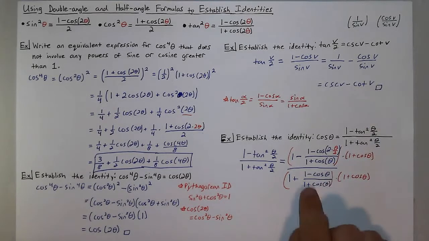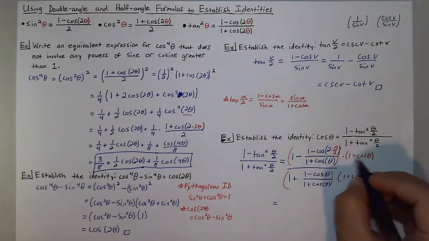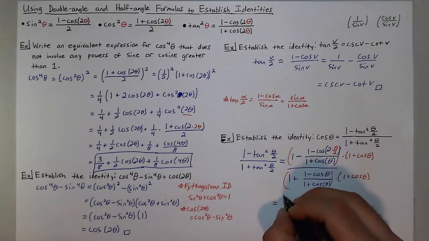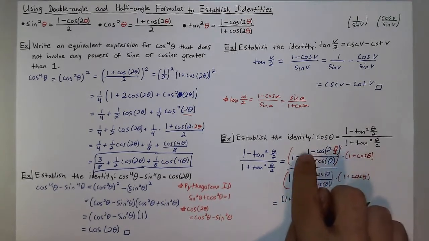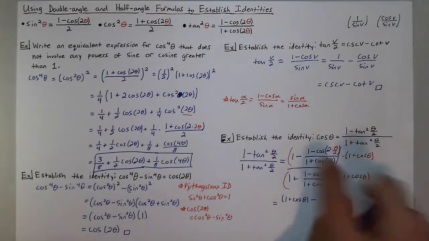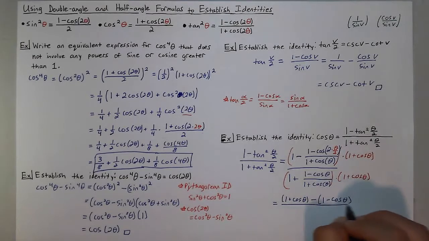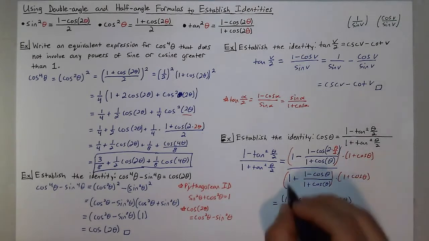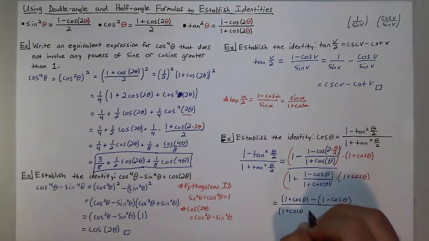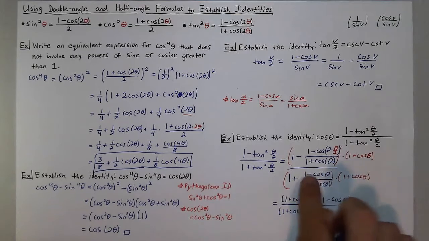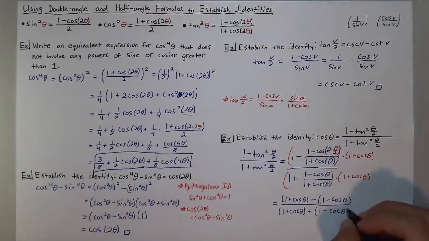In this way, I'll cancel out that denominator, leaving me with 1 plus cosine of theta times 1, so that's just 1 plus cosine of theta, minus what's left in my numerator, because these canceled out, so 1 minus cosine of theta, all over, again, 1 plus cosine theta times 1 gives me 1 plus cosine theta, plus what's left in my numerator, because the 1 plus cosine theta is canceled, 1 minus cosine of theta.